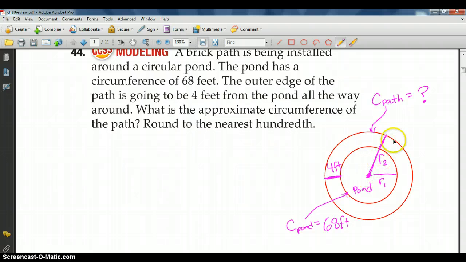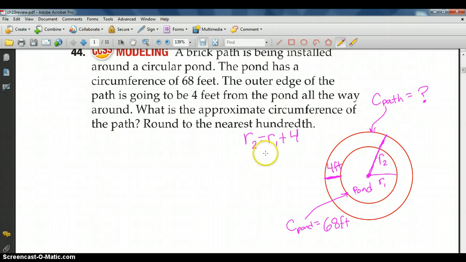Now, what do we know in terms of each other? I know that radius 2 can be found by taking radius 1 and then adding 4 onto it. So maybe I want to write that down. So radius 2 is equal to radius 1 plus 4.